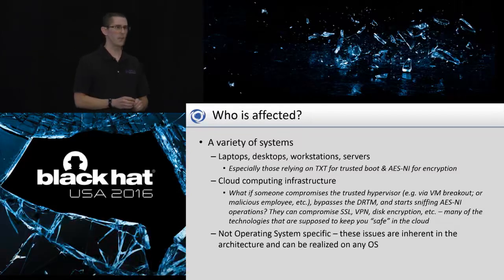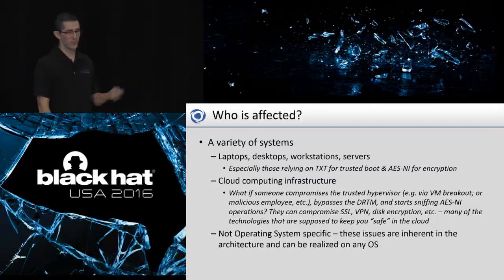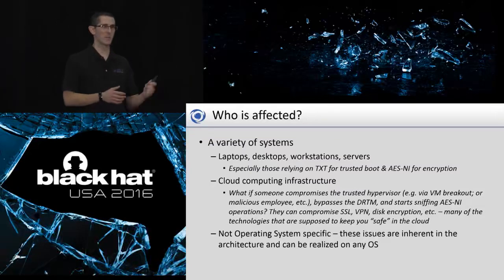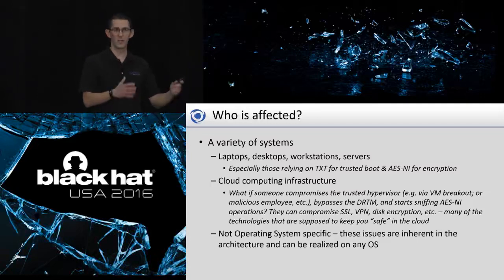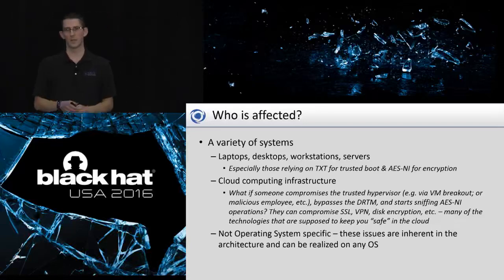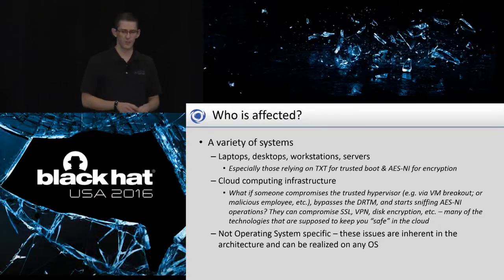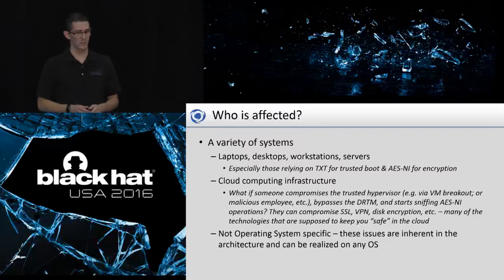Just as a thought exercise, what if somebody gets into the cloud infrastructure, either uses a VM breakout technique and gets execution in the hypervisor, or maybe a malicious insider that works there loads some code on, bypasses the root of trust, makes some changes to that hypervisor to add some malicious bits in there, and then decides to start snarfing up all the AES keys from everything going on? That means everybody that's connecting in remotely, using VPN, using SSL, maybe using disk encryption to store their data securely in the cloud, they could be at risk.